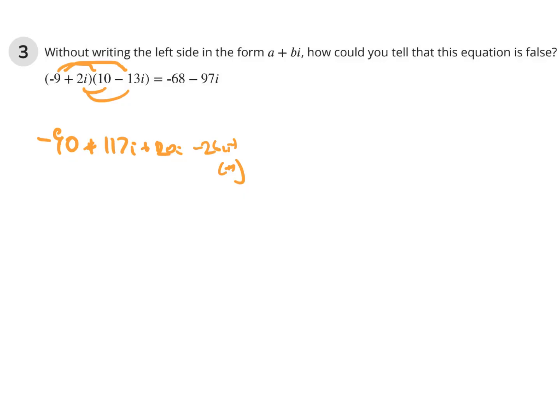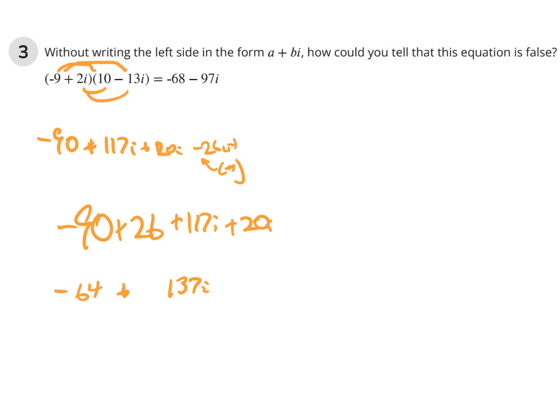Okay, so negative 1 times negative 26 becomes negative 90 plus 26 plus 117i plus 20i, which gives me 137i minus 64. Yeah, 64. Okay.